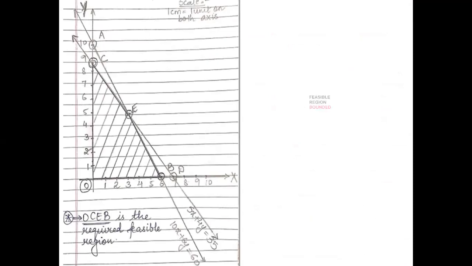So basically what I explained you all was, when we shade towards the origin, that is towards the O, the feasible region is called as bounded because it has got a certain specific shape. It is an enclosed diagram.